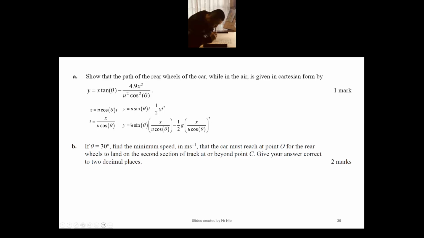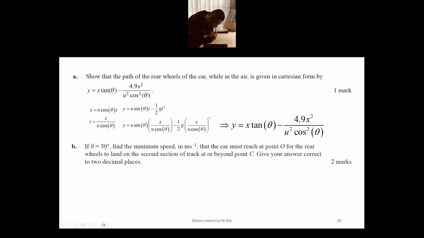You will find for the first term, u cancels u, and the sine divided by cos is tangent. And then don't forget when you sub into the second part, t squared, put a bracket, square everything. So eventually you can derive this is the equation of the pathway in terms of x and y only. And the next part relies on this result here.